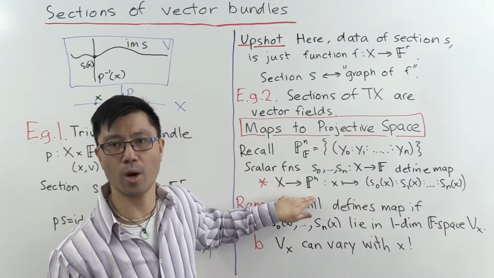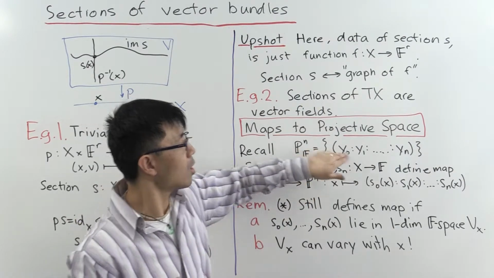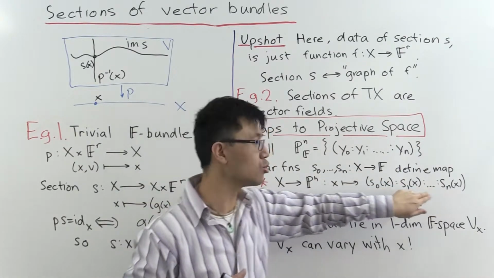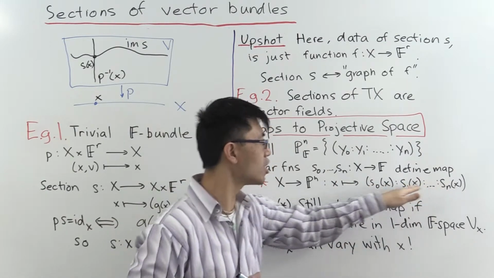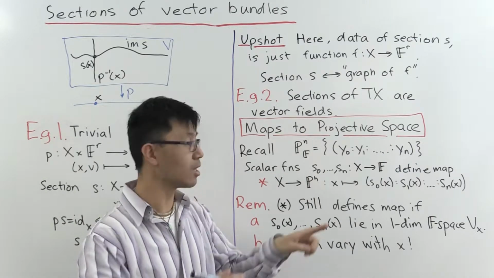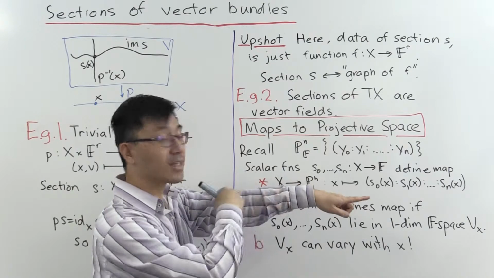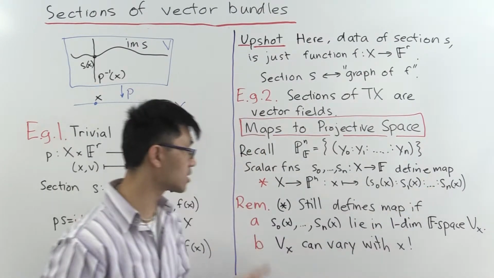That's too strong to require; it's too difficult to have that in general. So the first thing you can do is, rather than mapping to actual numbers, you just need to know the ratios between these. To know the ratios, you can replace this field with just a one-dimensional vector space. If you have a one-dimensional vector space, given vectors in it, you can talk about the ratios between them. So that's the first thing.